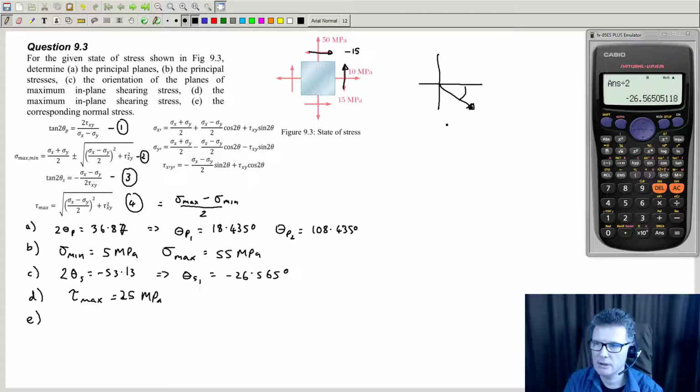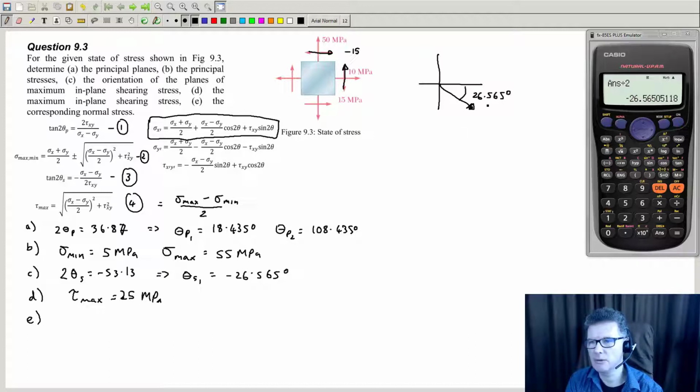So to go from here to here is 26.565 degrees. So I want to use this equation. Note that these equations are for rotating anti-clockwise. So the value here I'm going to put in is going to be a negative because I want to rotate from here down to here. So I want to rotate in a clockwise sense.